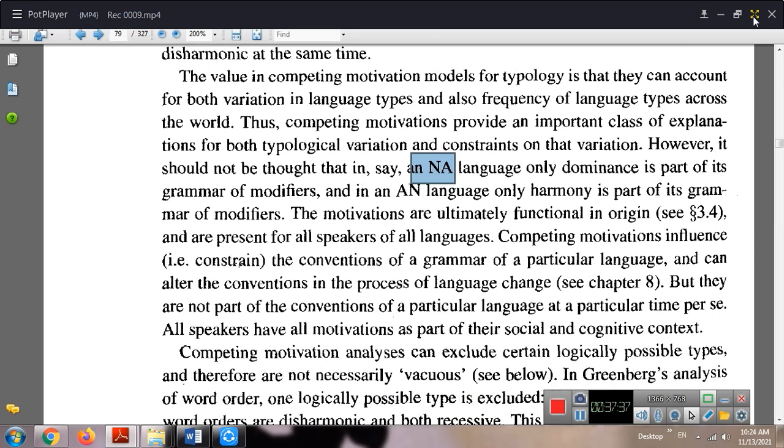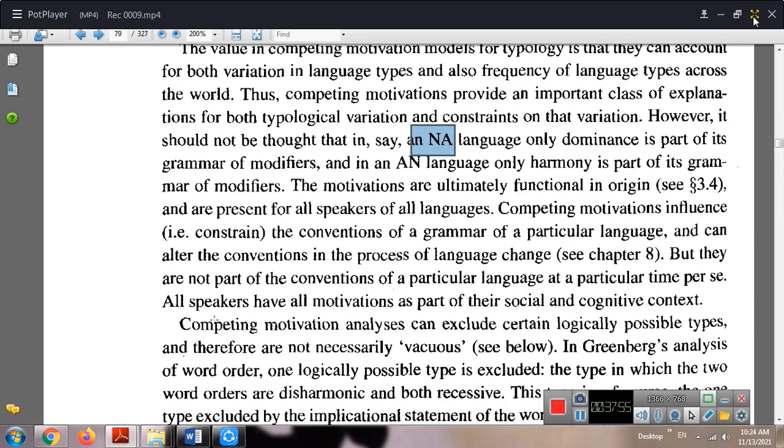Competing motivations influence the convention of grammar of a particular language and can alter the convention in the process of language change, but they are not part of the conventions of a particular language at a particular time. All speakers have all motivations as part of their social and cognitive context.